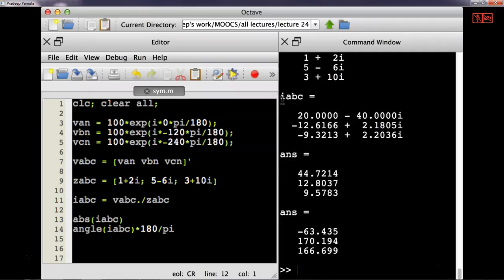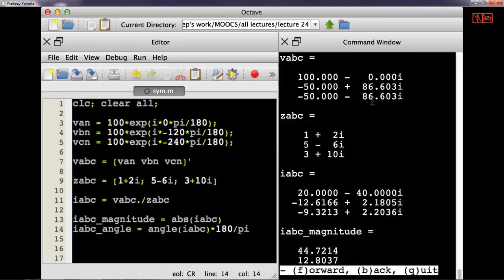So on the screen we are getting the IABC magnitude and the IABC angle. So simple MATLAB code I have run to display the final solution.